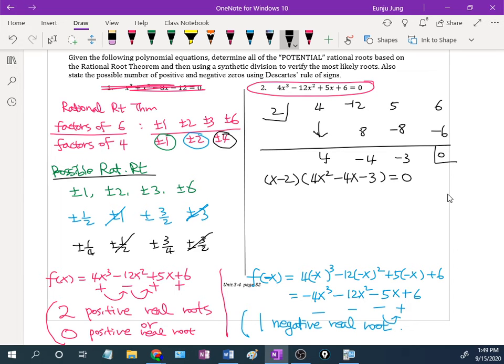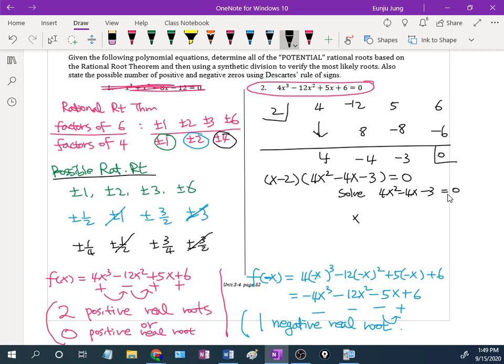Okay, can we solve quadratic equations? So let's solve 4x squared minus 4x minus 3. How would you like to do it? Would you like to factor, or would you like to use the quadratic formula?